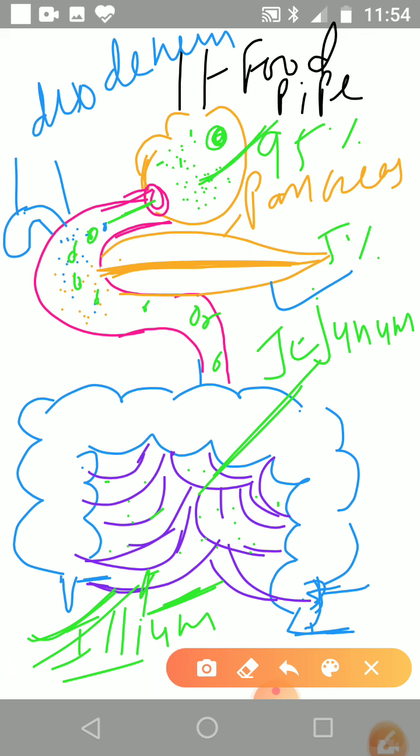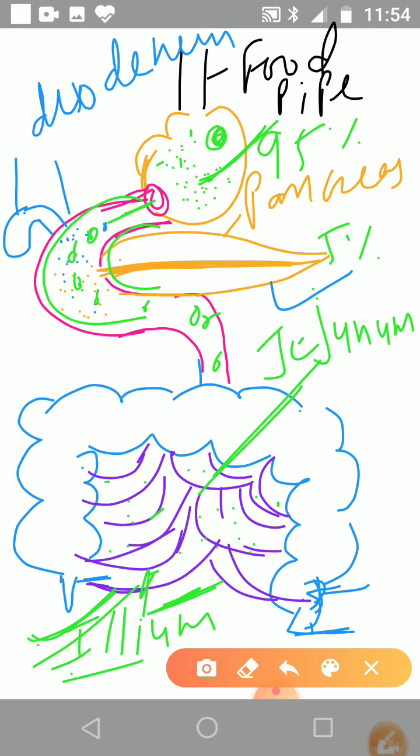The 5% which is left is completely digested from the duodenum to the ileum. It means the small intestine, because the duodenum is also part of the small intestine, the very first part and only a bend. It is not coiled, but the jejunum and ileum are coiled parts. So here the digestion is completely taken place.